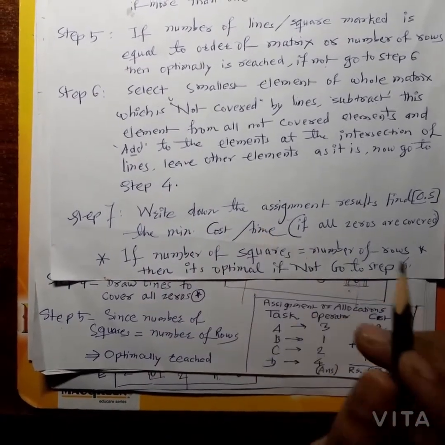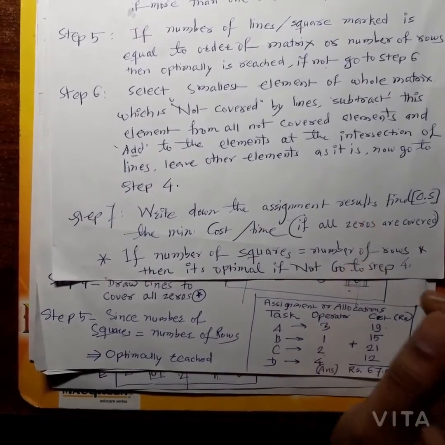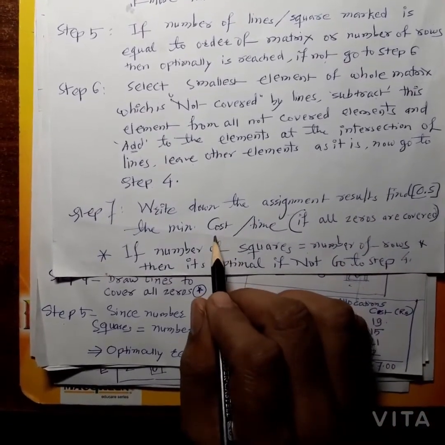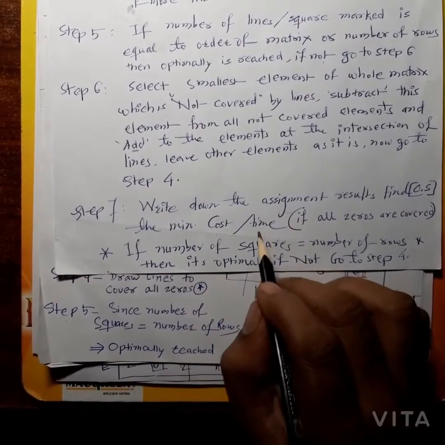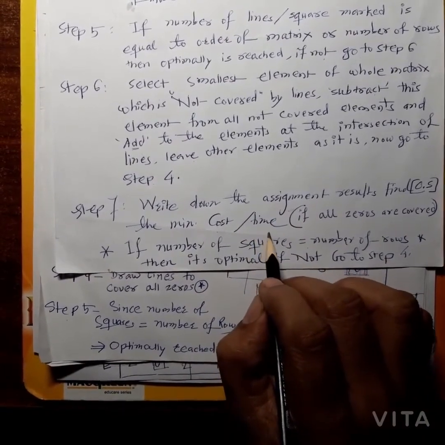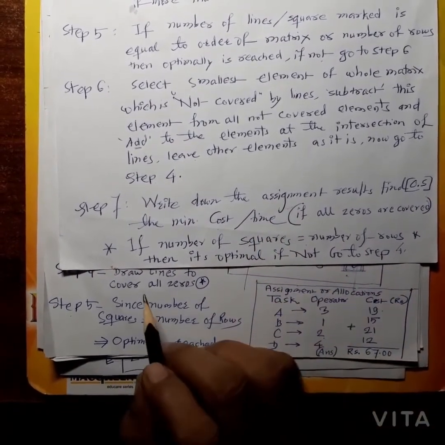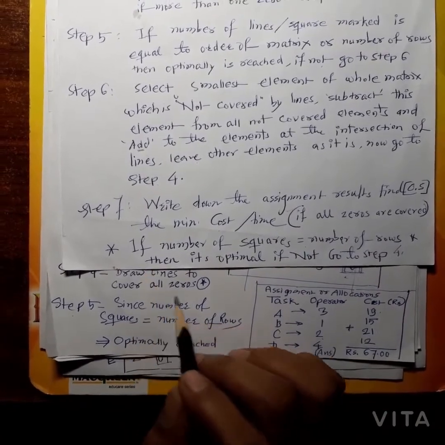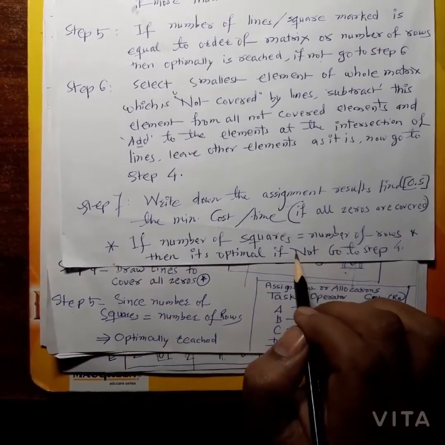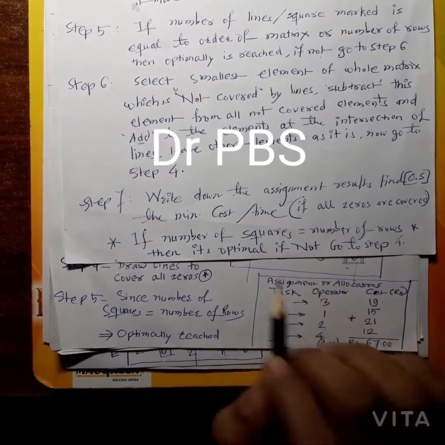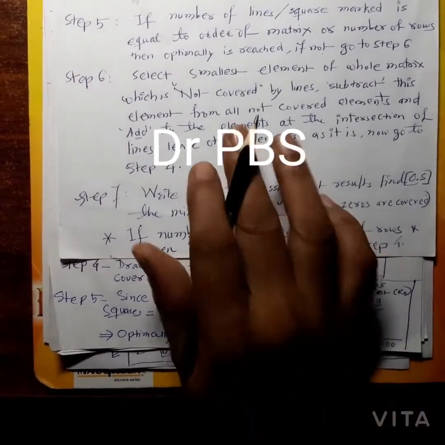Just write down the assignment result based upon cost minimization or time minimization, and just keep in mind that we have to cover all the zeros. Now this we will see in one example.